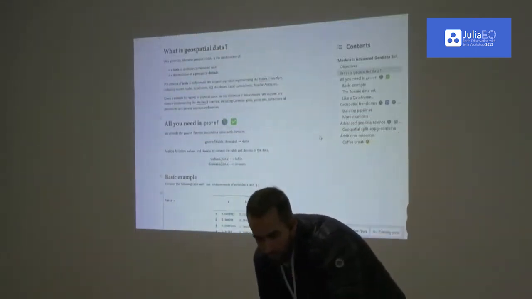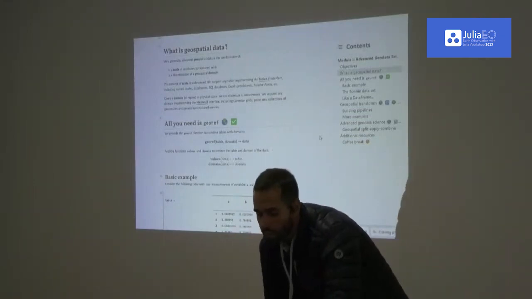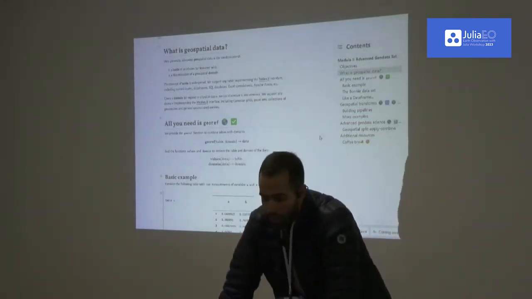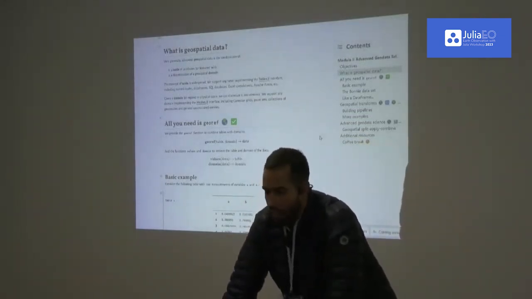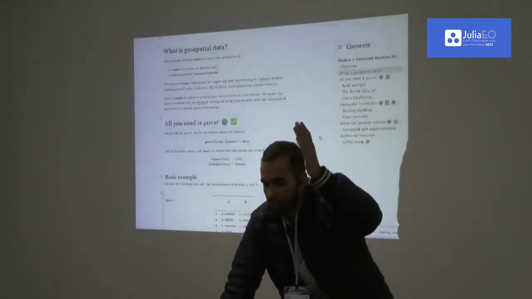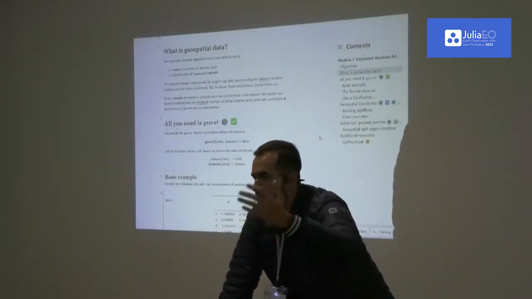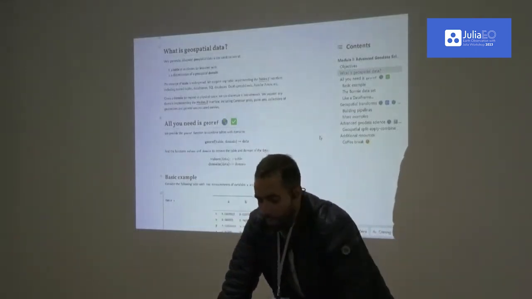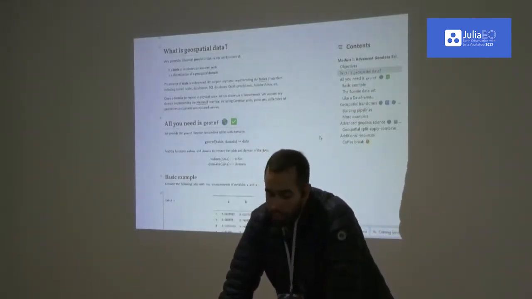So what is a geospatial data set? In our framework, we understand geospatial data as the combination of two things. There's this abstraction of a table, something that looks like a table, right? So you feel that there are named columns, which represent variables in your problem, and there is a geospatial domain.